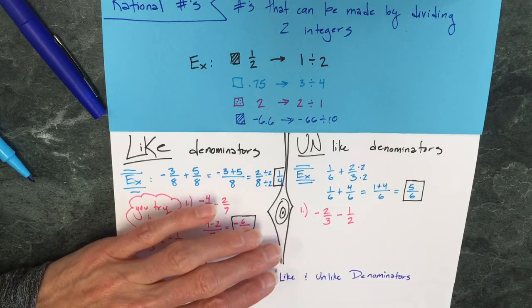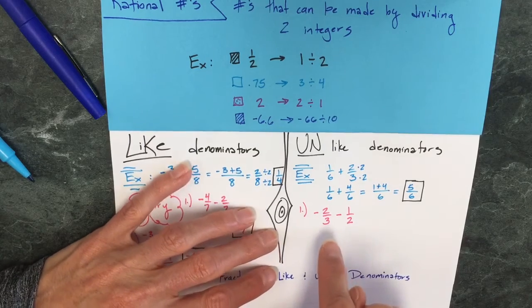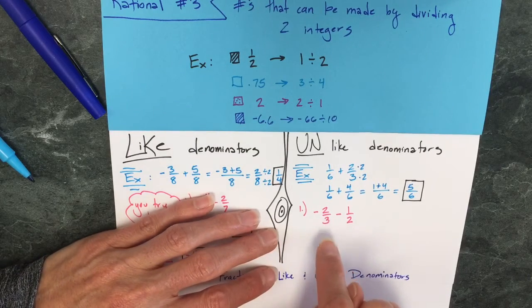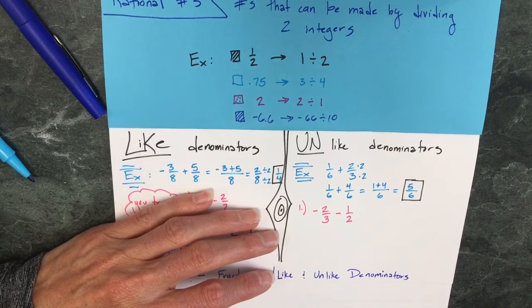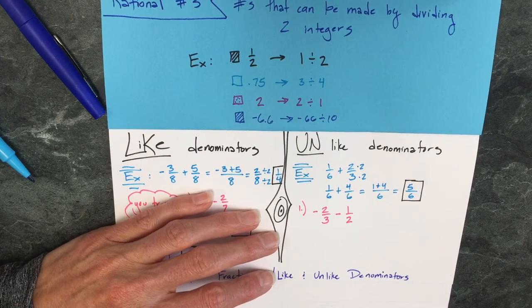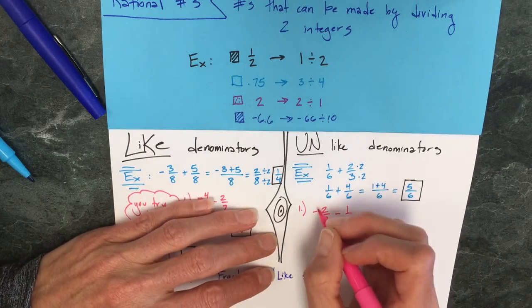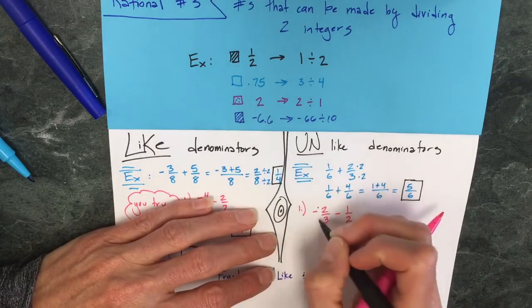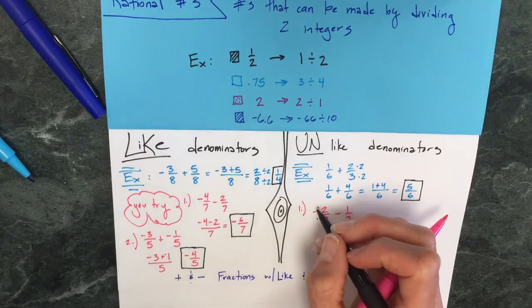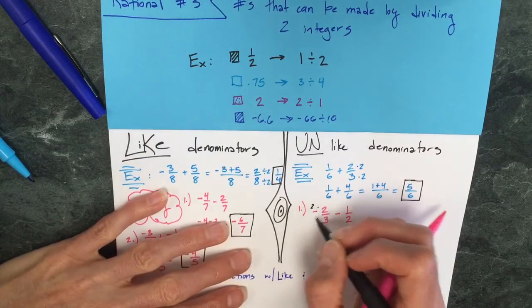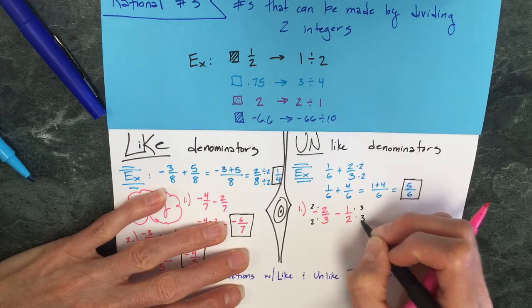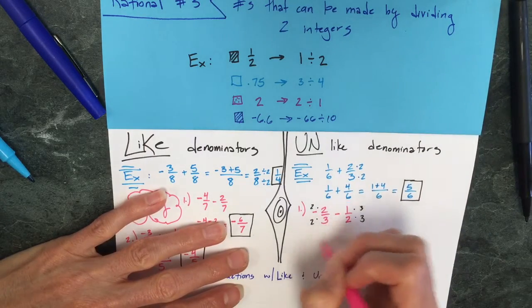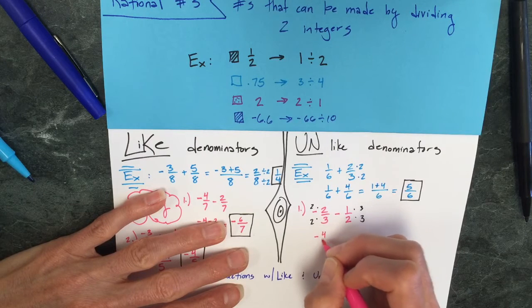Okay, so I found that 6 goes into, 3 goes into 6 and 2 goes into 6. It's the smallest number they both go into, which is the least common multiple. So we're going to multiply over here by 2. And you're going to multiply over here by 3. This becomes negative 4/6.